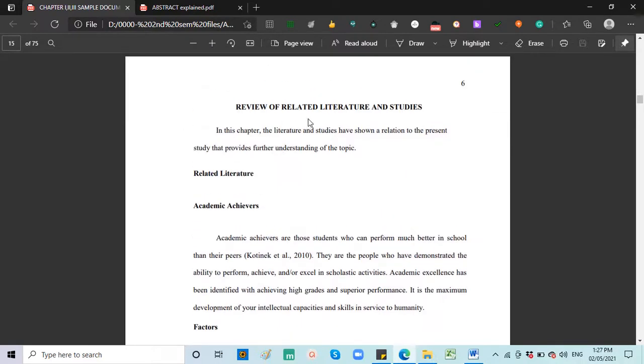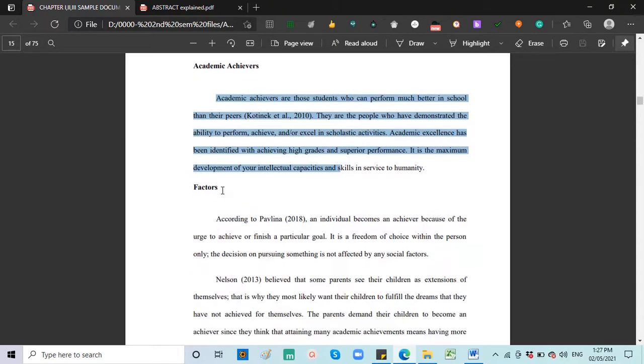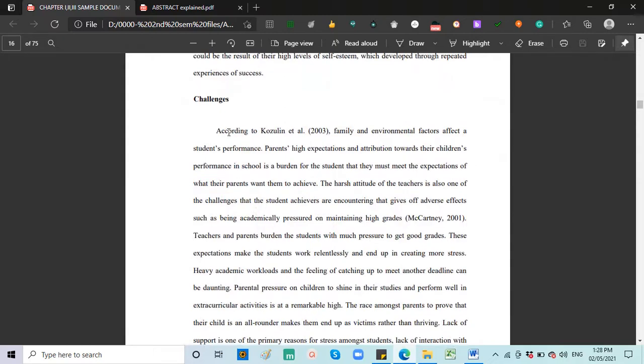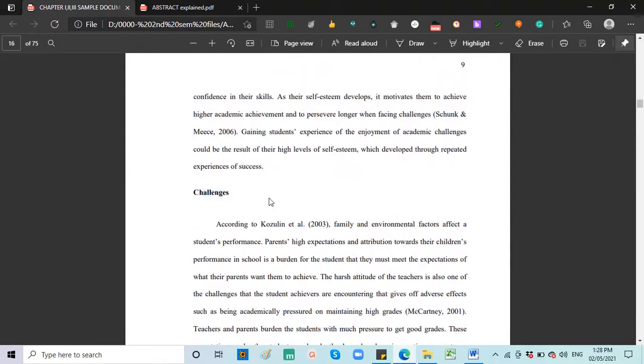After the framework, of course, your review of related literature and studies. You already know that, for example, if that's your topic, let's say academic achievers, you define it there in the related literature. And then for your SOP, factors according to, believe that, okay, factors, then challenges, depending on the SOP questions, and I've already told you that.